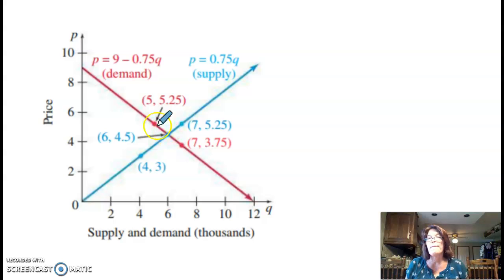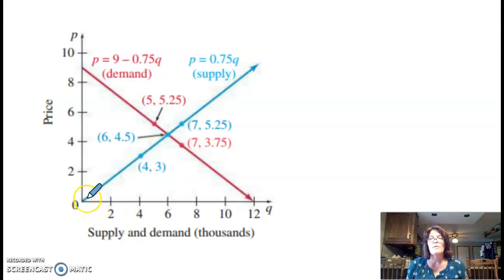If I take 9 minus 0.75 Q, obviously that slope is negative. So here's my demand function. As the quantity is getting bigger, this is decreasing. Now the supply is increasing.